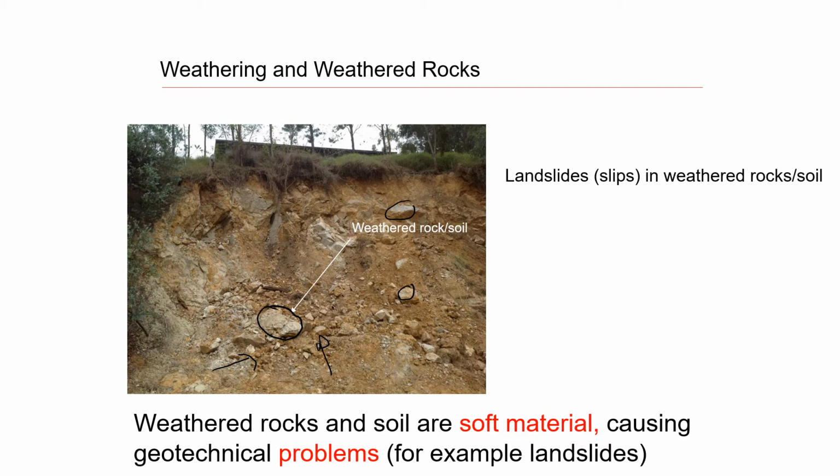Soil mixed with rock is not a very good foundation, either for slopes or buildings. And what can happen is that if there is a heavy rainfall, this part slips. So this is actually a very good example of a landslide that may occur in weathered material on the slopes.